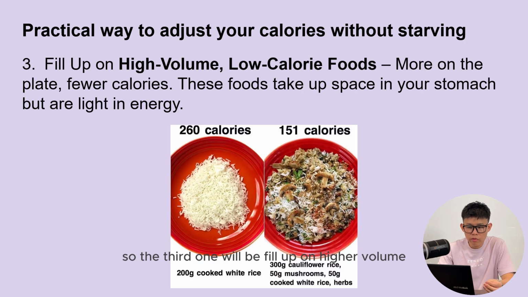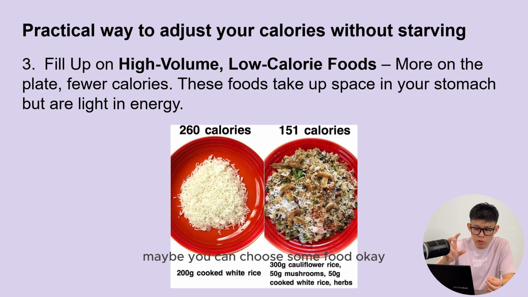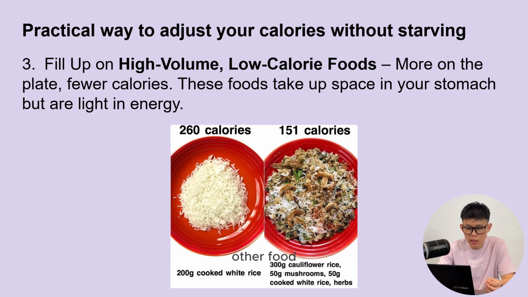The third one will be fill up on higher volume but low calorie food. This is a sample as well. Instead of taking 200 grams of white rice, which is about 260 calories already, maybe you can choose other food, like 300 grams of cauliflower, 50 grams of mushroom, and the rice portion cut to 50 grams of cooked white rice.